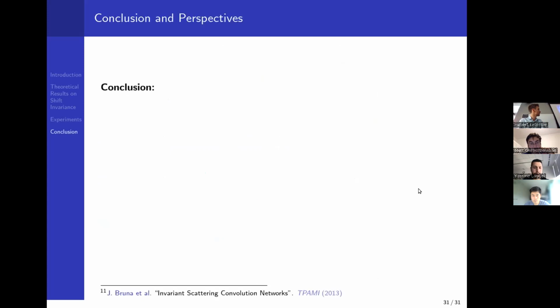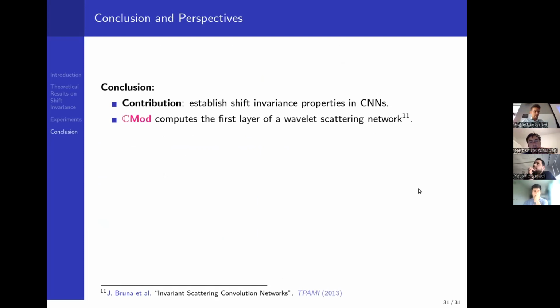So, a quick conclusion. Our contribution is to establish shift invariance properties in CNNs. For that, we have introduced an operator which is a convolution with complex valued filters followed by a modulus, and this actually computes the first layer of what is called a wavelet scattering network.